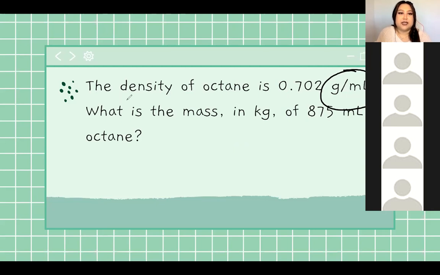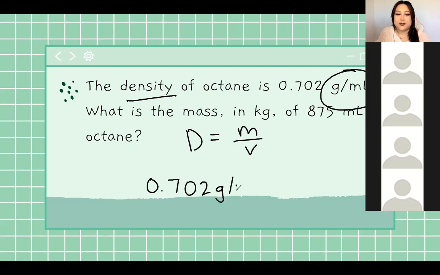And it tells us that it's the density, right? So let me rewrite the formula, right? And we would plug in what we have, 0.702 grams per milliliter. And can anyone tell me what else we have?